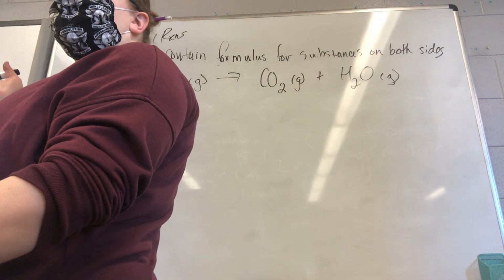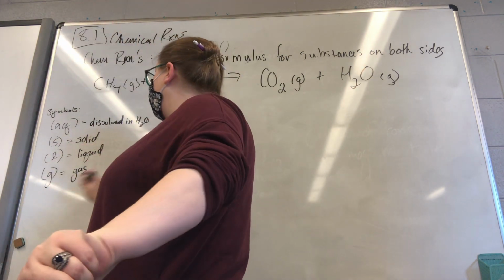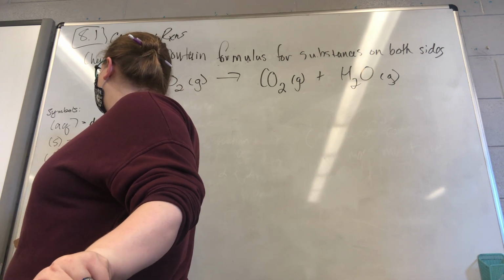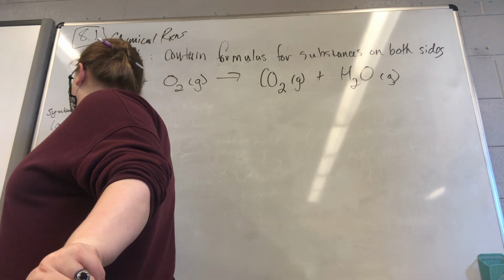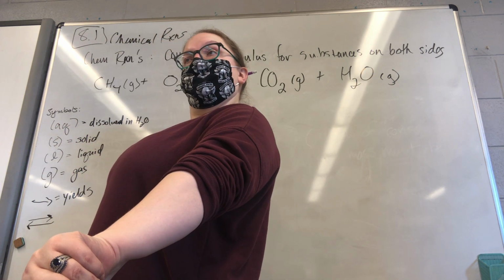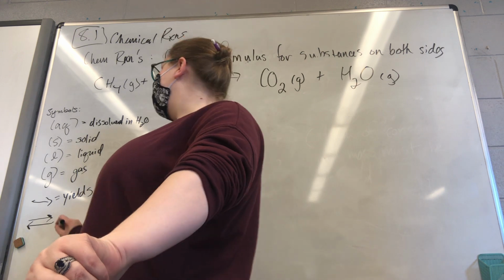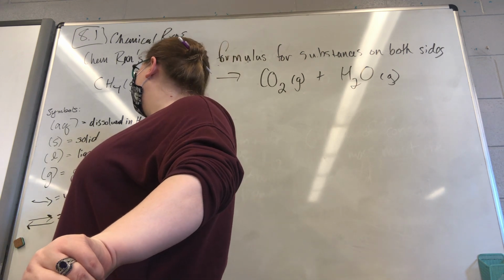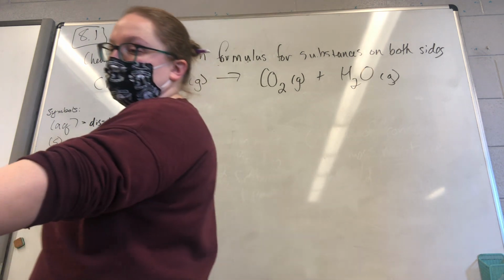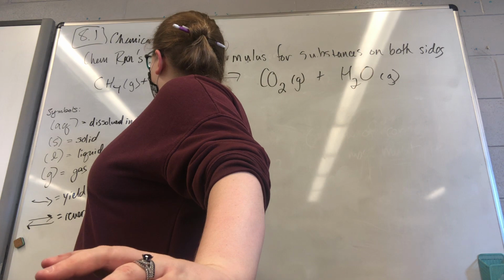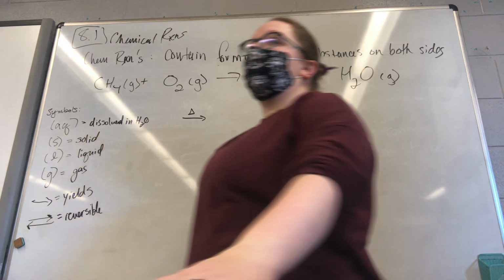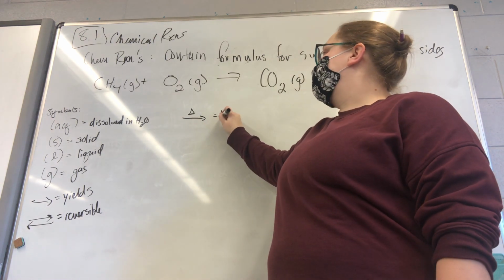What are some other symbols you might see? So we already said the arrow, right? What does the arrow mean? Yields. What does that one mean? Starts with an R. Reversible. Okay, so let's do some more challenging ones. What does that mean? Heat.